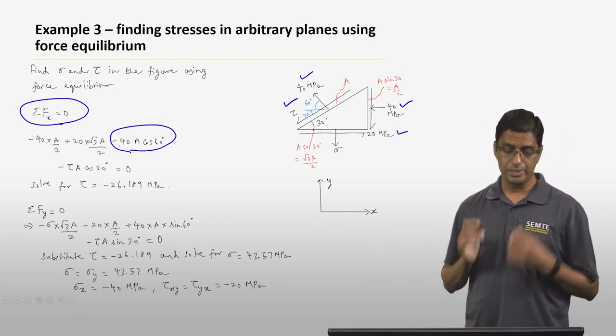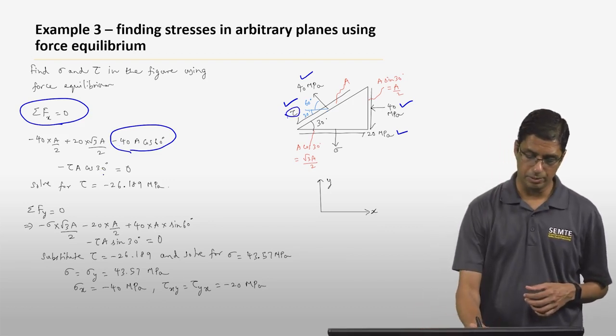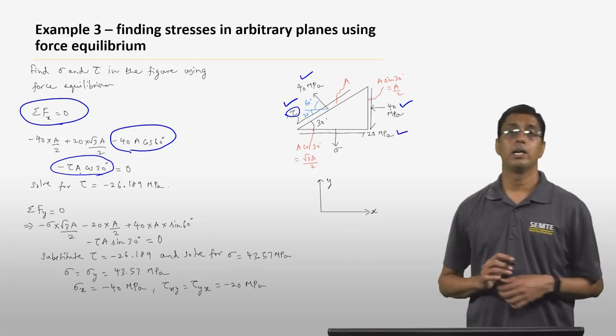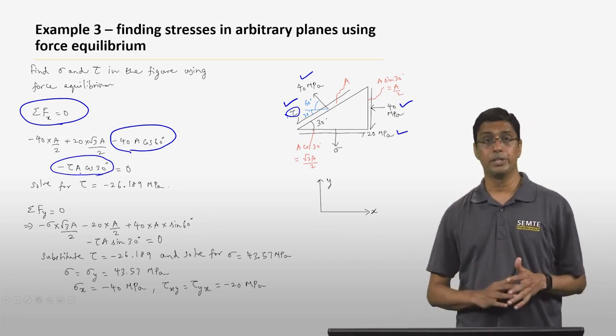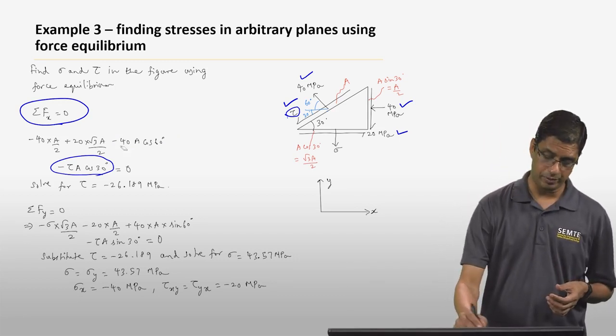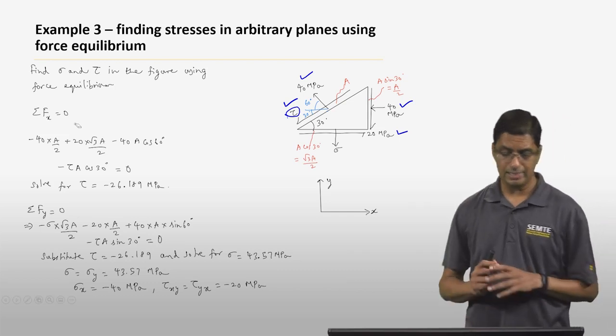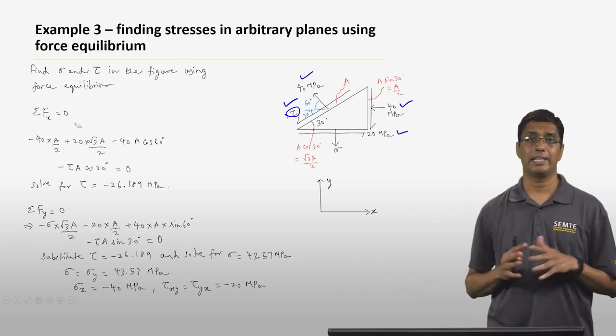You do the same thing for the shear stress here, and that turns out to be tau A times cosine 30. Of course both these forces are in the minus x direction. That's why you have a negative sign in front of it. So that essentially takes into account all the forces that are acting in the x direction.